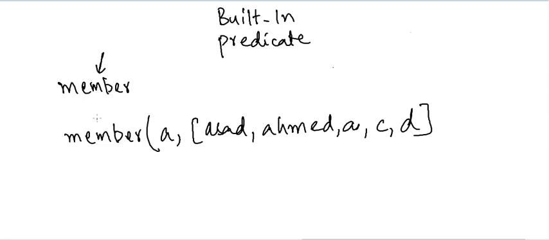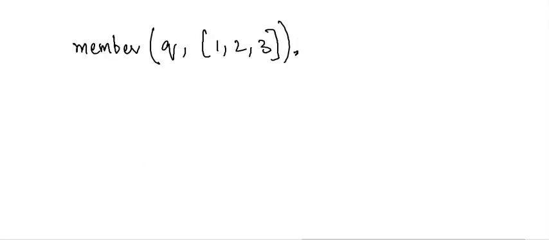For example, in this clause, we are asking is A a member of this array, and the answer that is going to be returned by Prolog is true, because yes, we can find that A is there inside of this array. In this case, we are asking Prolog, is Q a member of this array, and the answer that Prolog is going to return is false.